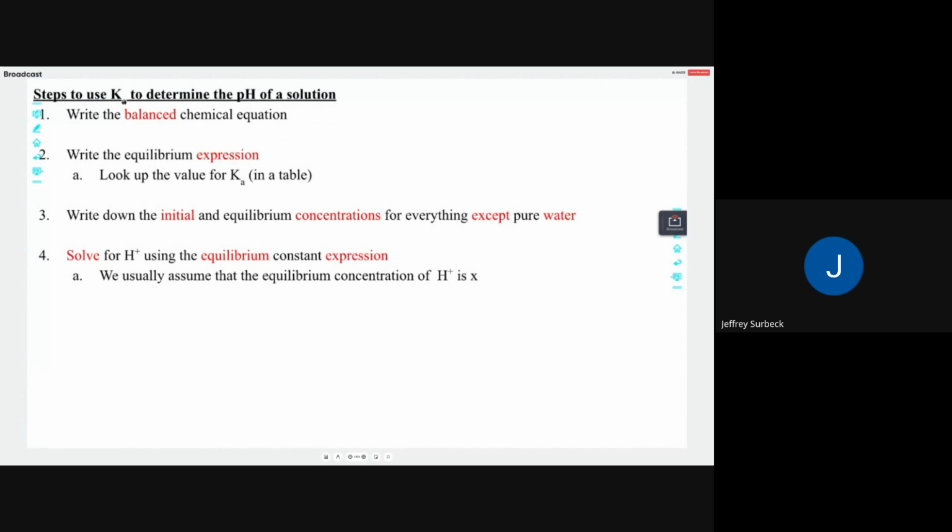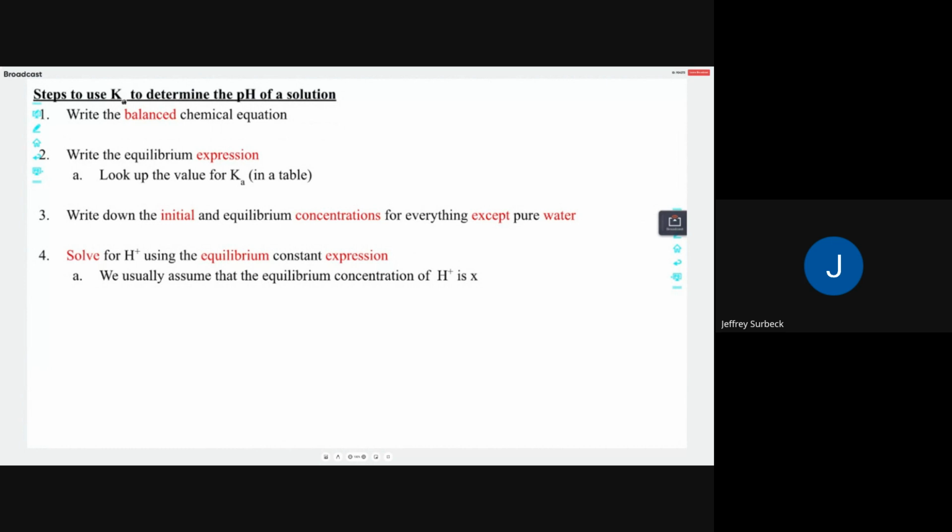Again, 1, recognize you have a weak acid. 2, once you have a weak acid, use our acid equilibrium constant, the chart, to find our Ka. Again, I always like to write down the expression because at the end of the day, it gives us a formula to fall back on once we get our equilibrium values. Okay?